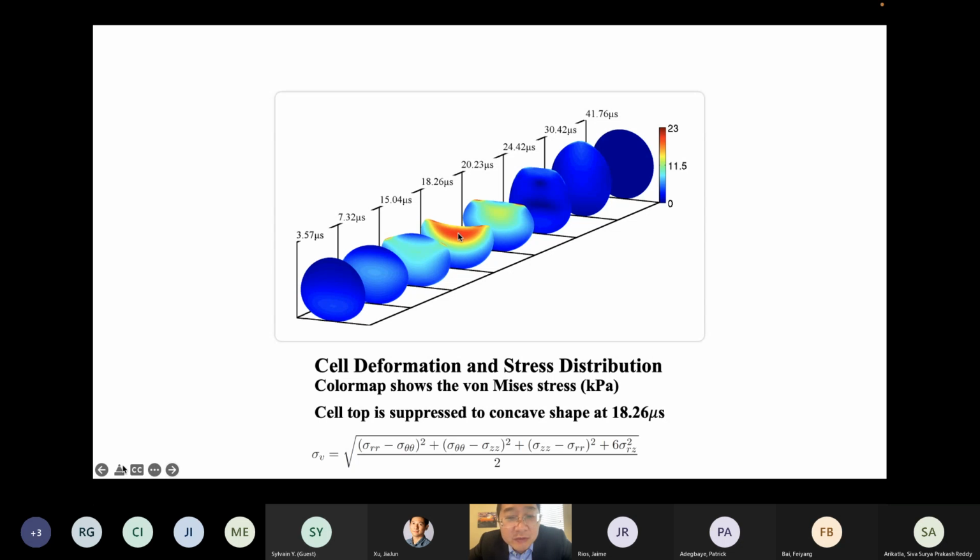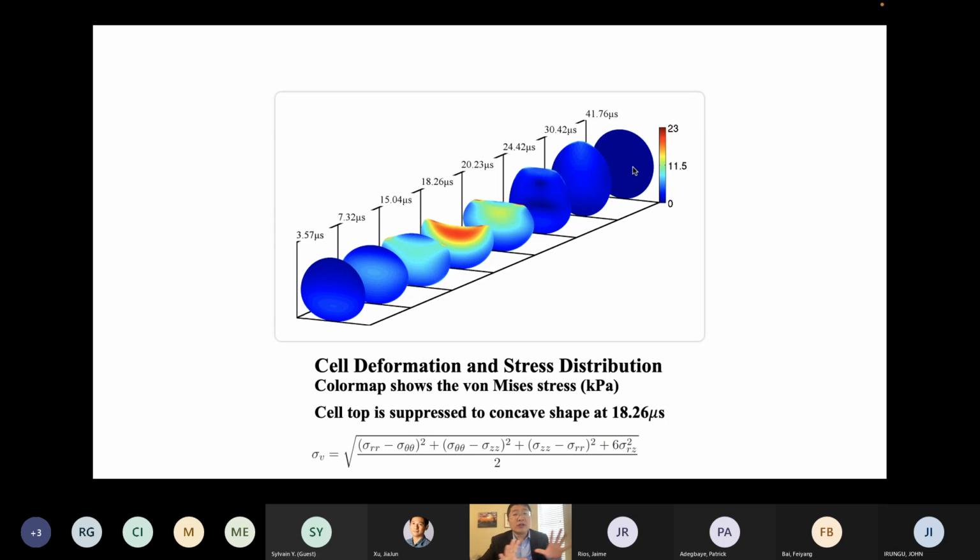Von Mises stress increases, and the largest stress appears at the flat surface corner, because the shape is changed a lot. After it comes back and recovers its own shape, the stress reduces essentially to zero. So this is the cell deformation process, right?